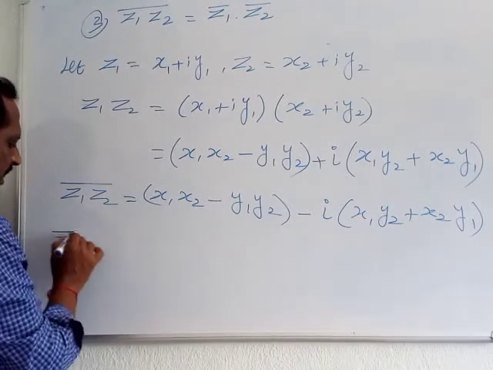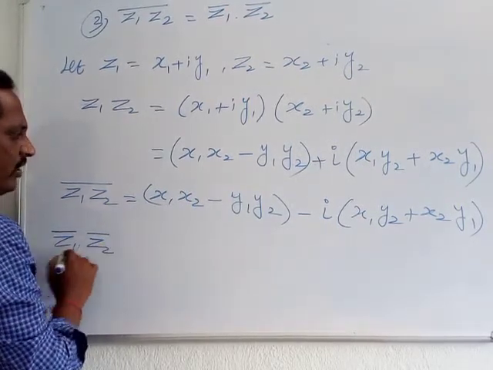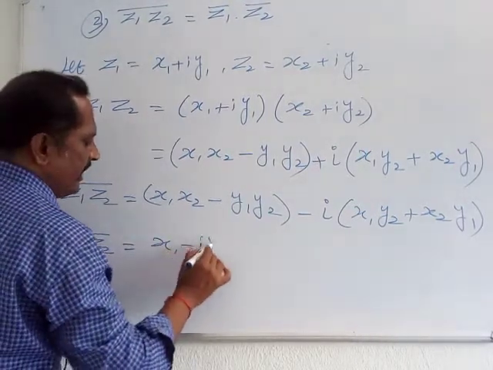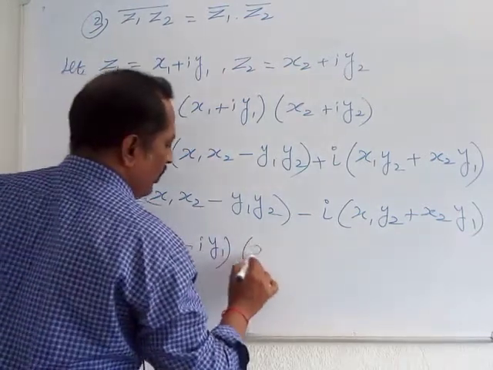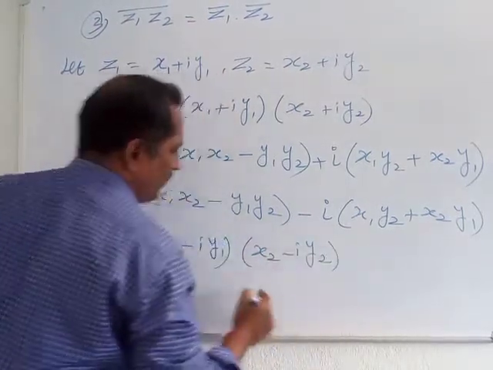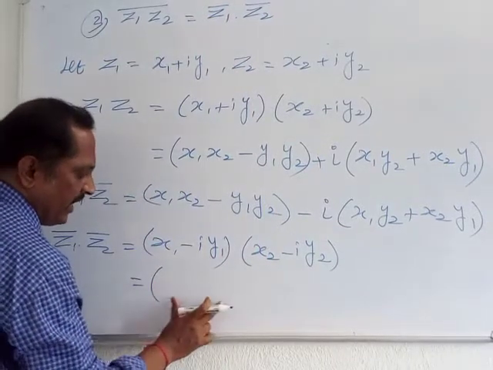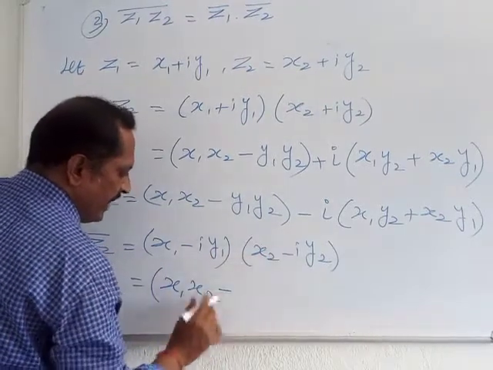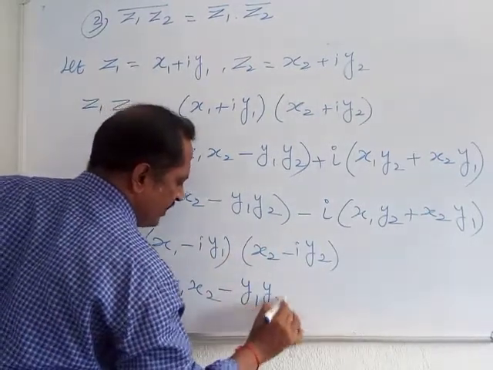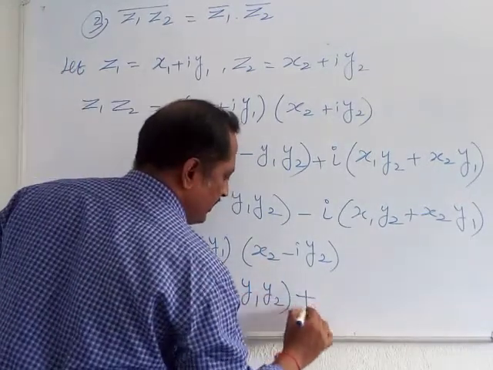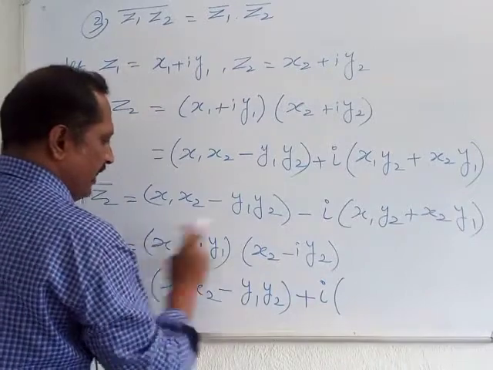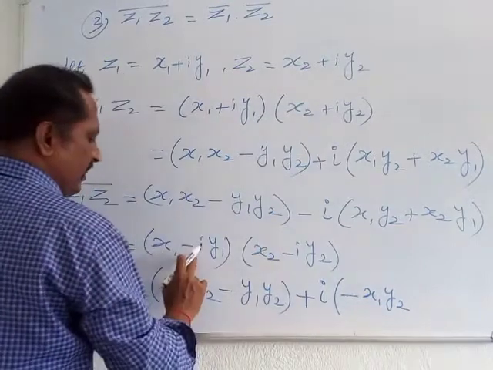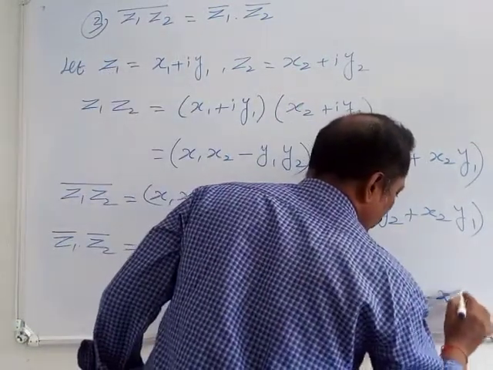Next we have to calculate z1 bar into z2 bar. Z1 bar is x1 minus i y1 into x2 minus i y2. Multiply. First you have to find the real part. Real into real, x1 into x2. Next, imaginary into imaginary is y1 into y2, both same sign, minus. And then i into real into imaginary: real into imaginary is minus x1 y2, next imaginary into real, minus x2 y1.